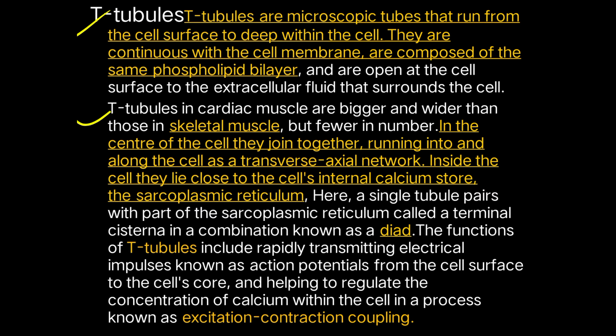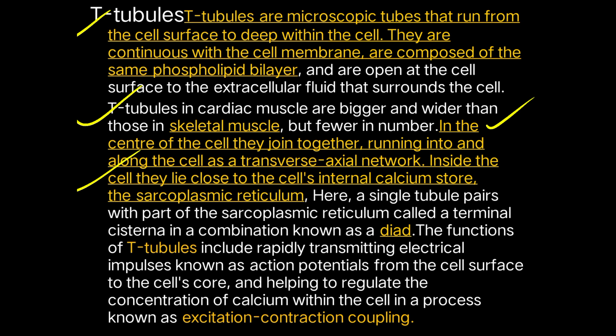Next, the T tubules in the cardiac muscle are bigger and wider than those in the skeletal muscle, but fewer in number. In the center of the cell, they join together, running along the cell as a transverse axial network. Inside the cell, they lie close to the cell's internal calcium store, the sarcoplasmic reticulum.